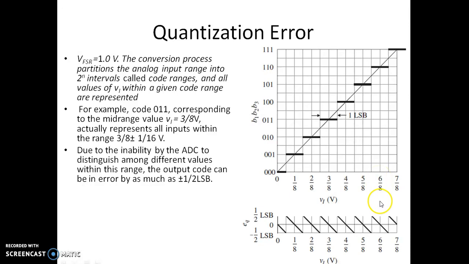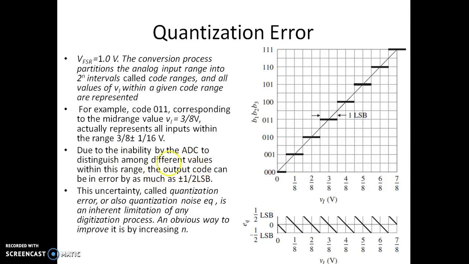If the input voltage is 6 by 8, then there is no error. If it is 6 by 8 plus 1 by 16, there is an error of minus half LSB. And if it is 6 by 8 minus 1 by 16, there is an error of plus half LSB. So this way there is an error happening for representation of any value other than 1 by 8, 2 by 8, 3 by 8. This we call quantization error.